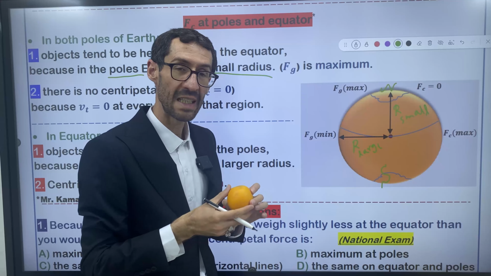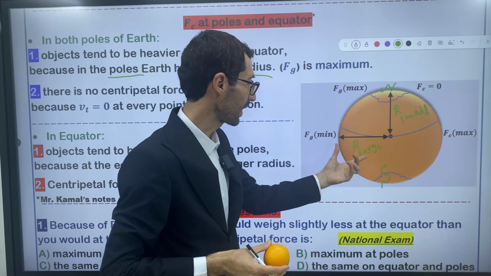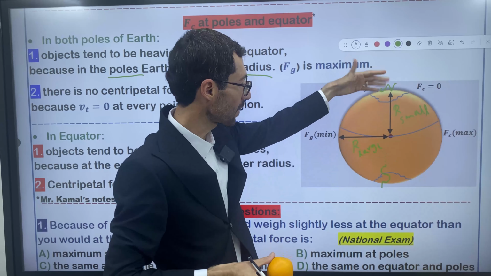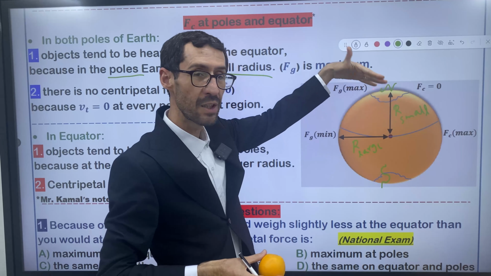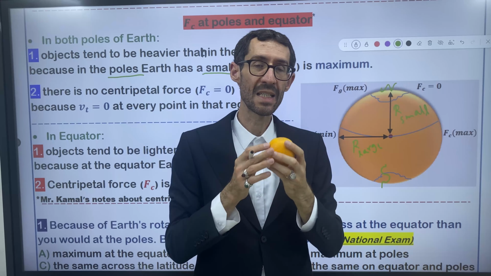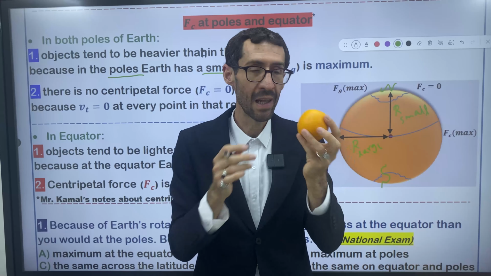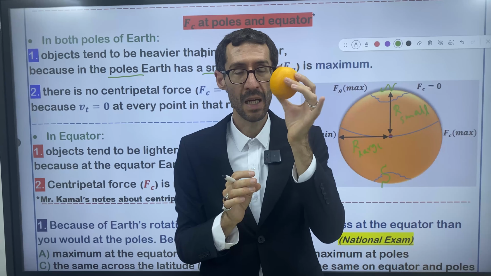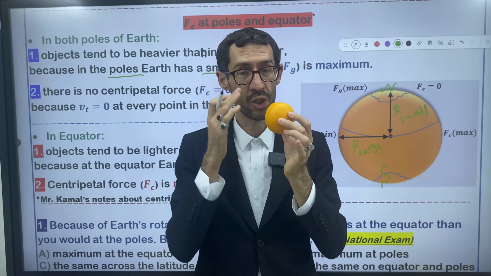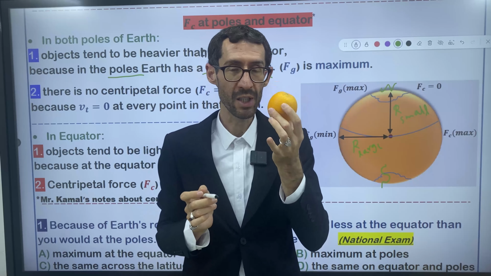If you measure the radius of Earth from the center to the equator, you find that it is greater than the radius from the center to the pole. That's why Earth bulges at the equator, sticking out like an orange.